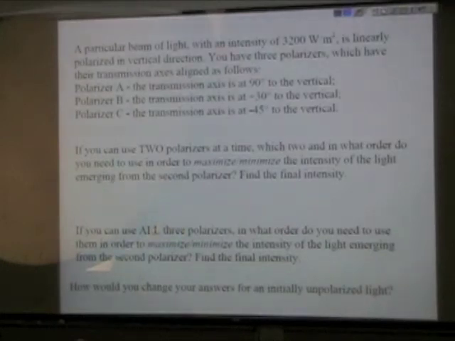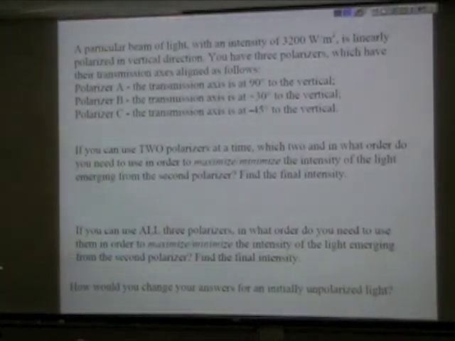What would we do if we wanted to minimize intensity? Well, minimum intensity is 0. And it happens when the angle between the transmission axis and direction of polarization is 90. Well, if for some reason we cannot make it 90, still we would have to make it as close to 90 as possible to minimize the intensity.